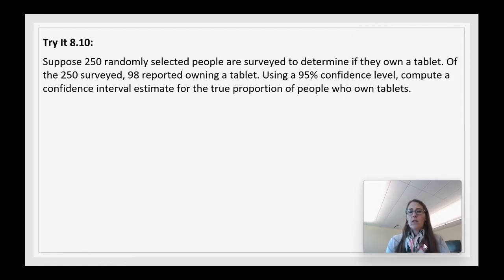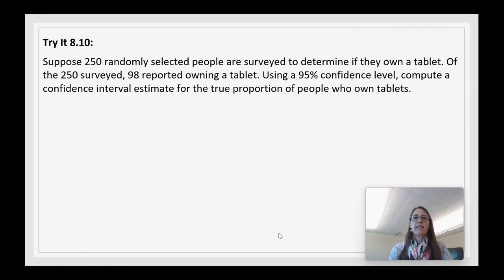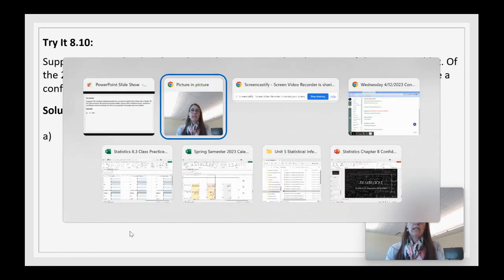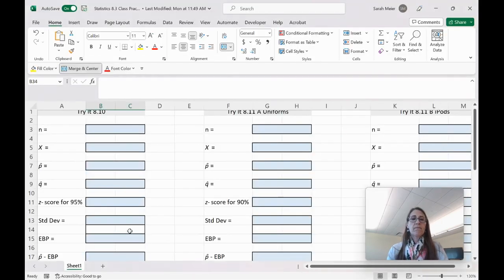So here we go. Suppose 250 randomly selected people are surveyed to determine if they own a tablet. Of the 250 surveyed, 98 reported owning a tablet. Using a 95% confidence level, compute a confidence interval estimate for the true proportion of people who own tablets. We can do this in Excel just like we did with the means.